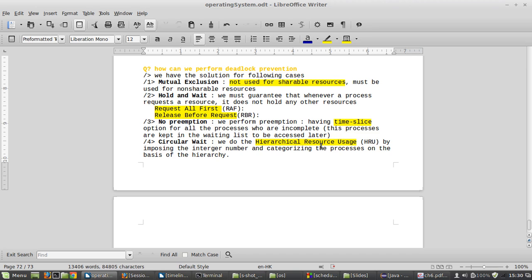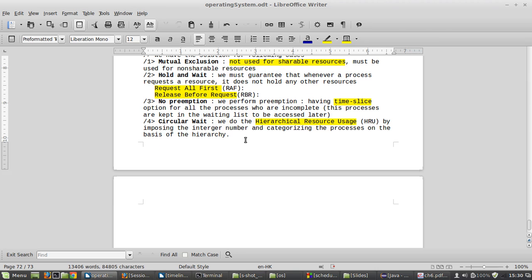That means we define a time slice for each process to complete the task, and if the process is incapable of completing the task, then it goes to the waiting list of the processes, which will be accessed later.